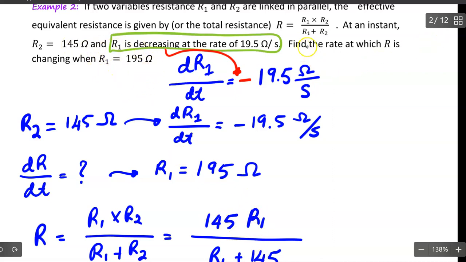Okay, so I can say find the rate at which R is changing when R1 equal to 195. But I can say this too: find the rate at which R is changing when R1 is equal to 200, right? So don't forget that it's kind of tricky to figure out which values are fixed and which values are actually changing in this case. So in this case, R2 is fixed because we measure it when we actually put in 145 ohms for this R2.